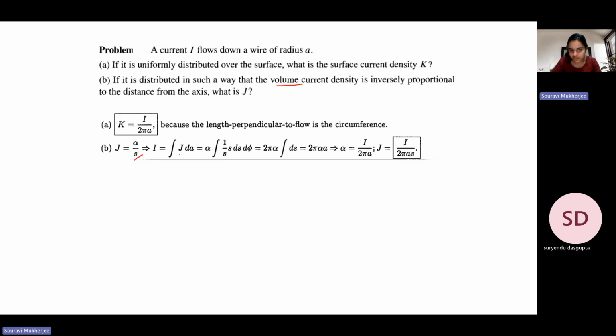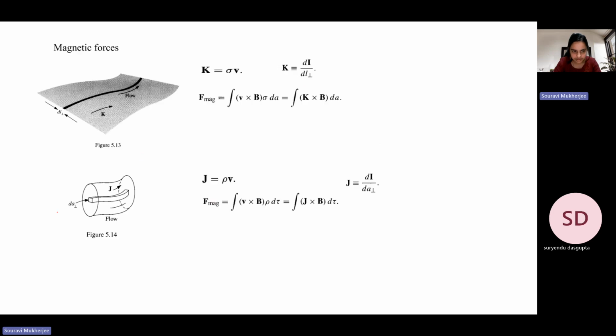Total current is nothing but J dA, right? So if you want to find the total current, you take J, multiply it with small current elements, and do an integration over the entire region.